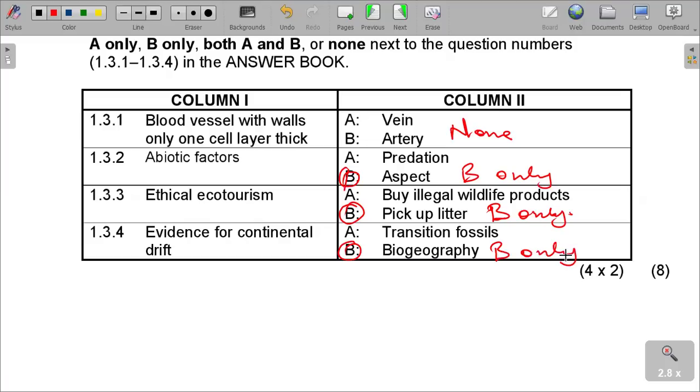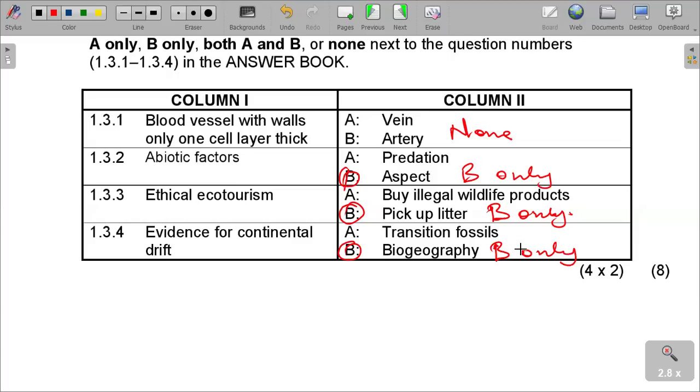Biogeography, we are talking about the distribution of organisms in different places. This is explained by various examples. For example, the finches that we can talk about, which are found in different islands, and they've got different beaks and so forth. We can talk about the baobab trees that are found in different continents, like the baobab tree in Africa versus those found in Asia.